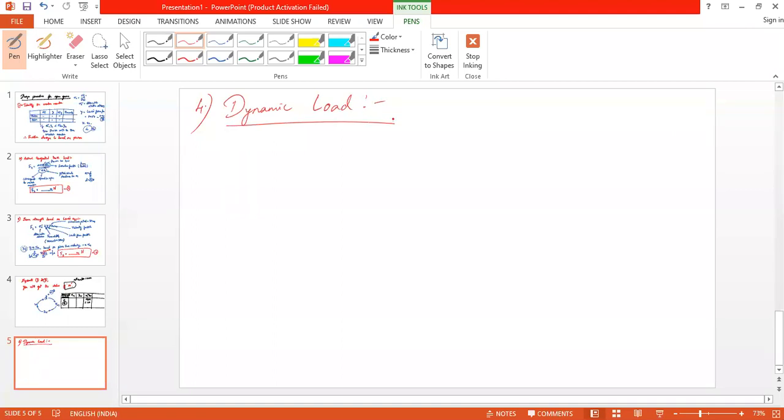This is the actual dynamic load. This dynamic load Fd is equal to Ft plus 21 Vm times (Ft plus C), divided by 21 Vm plus root of (Ft plus C). Can anyone tell me the equation?